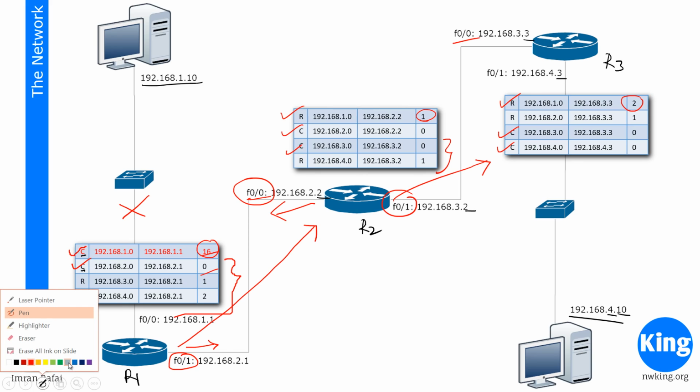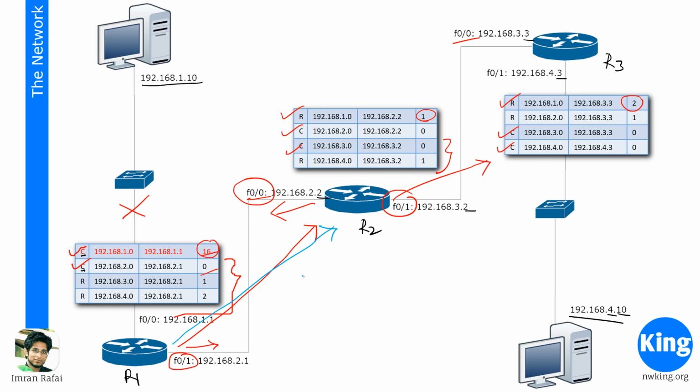I'm going to change the color for the triggered update. This is going to be blue. It sends a triggered update to router 2 and tells it network 192.168.1.0 is accessible with a hop count of 16, which means it is inaccessible, right? This is called route poisoning.